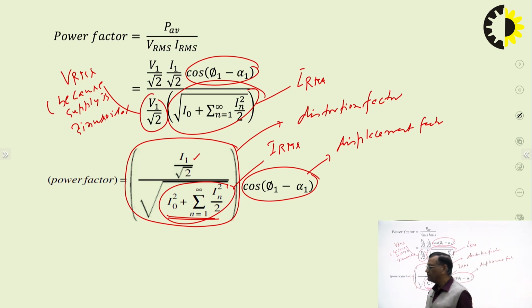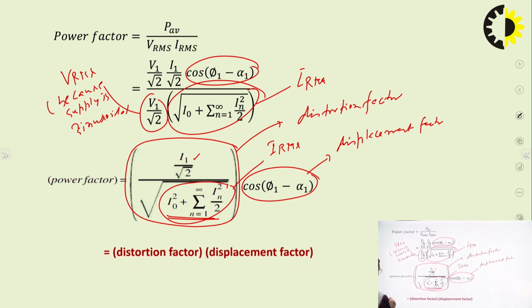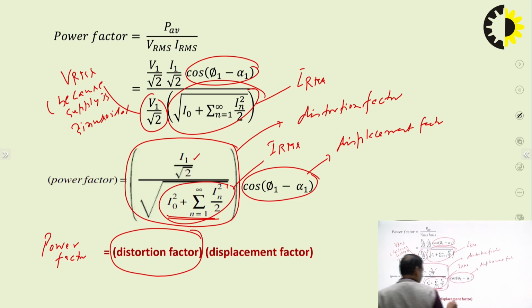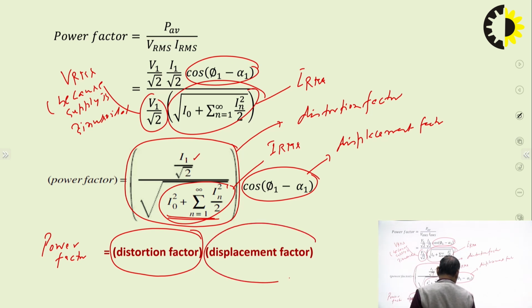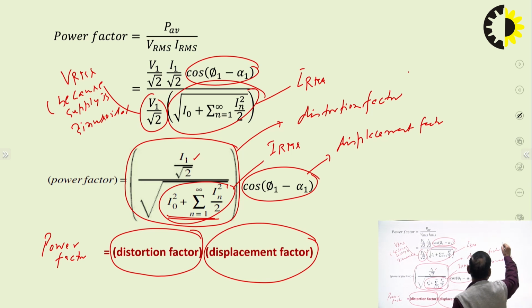So, power factor is the product of two terms, one is the distortion factor, or you can say the harmonic factor, and the other is the displacement factor. Distortion factor is also known as THD, total harmonic distortion.